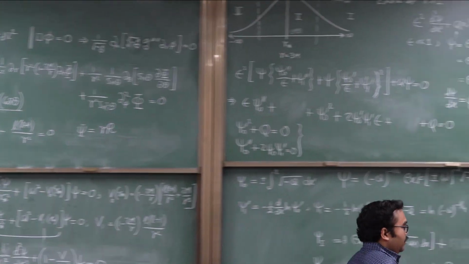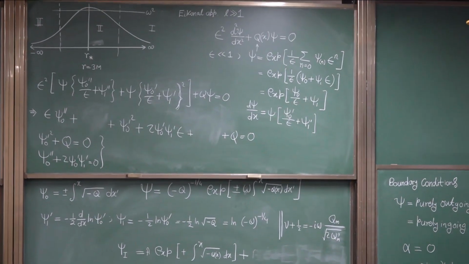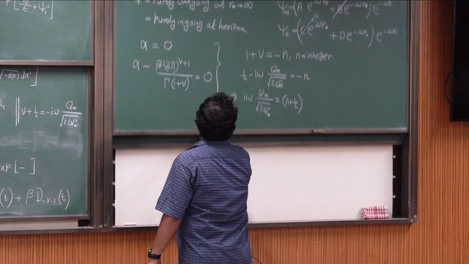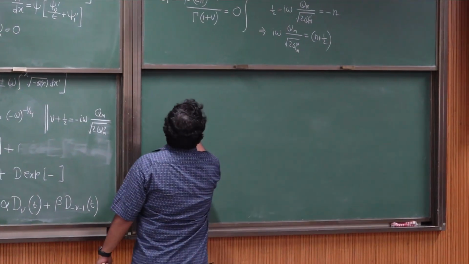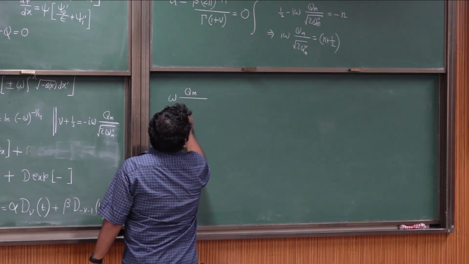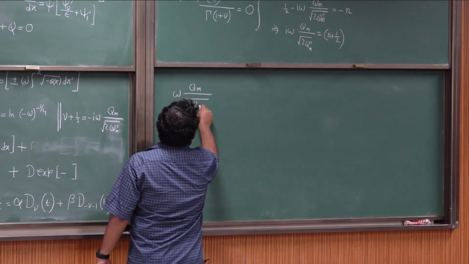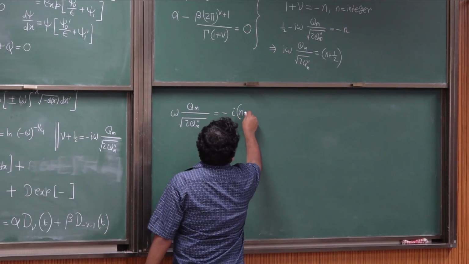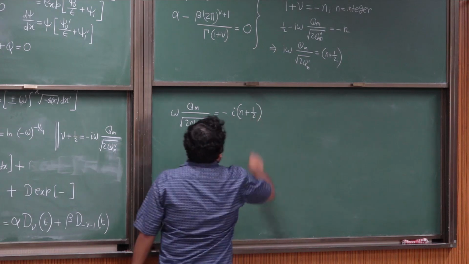So that tells me, let me put it on top. Great. So that tells me omega into Qm double prime is minus i into n plus half.